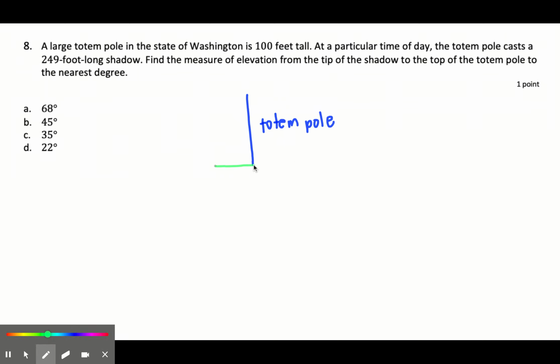And then here is the shadow. And then it says find the measure of elevation. So like this angle here.